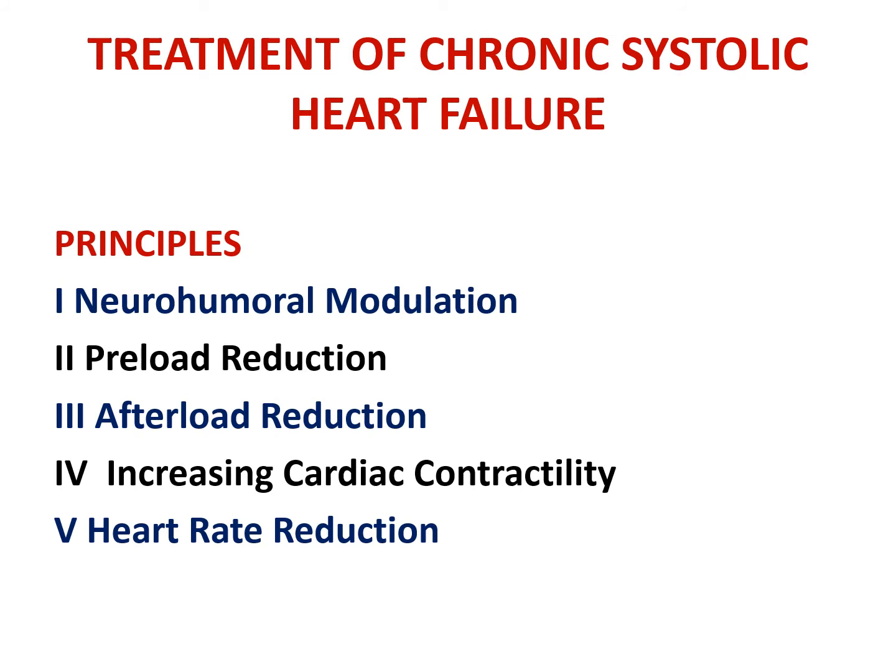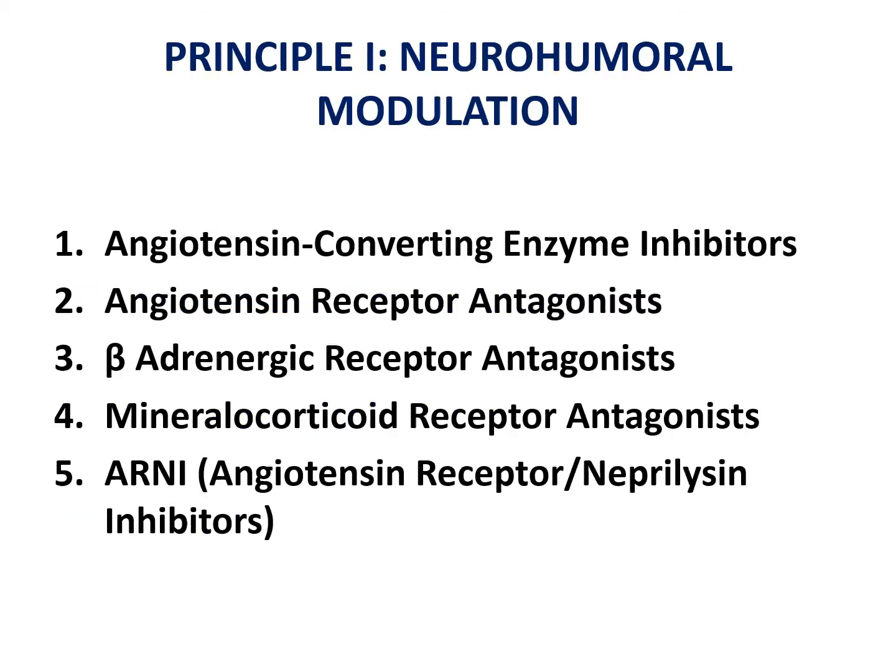So there are 5 main principles which we adopt in the management of chronic systolic heart failure. 1, neurohumoral modulation. 2, preload reduction. 3, afterload reduction. 4, increasing the cardiac contractility. And 5, heart rate reduction.